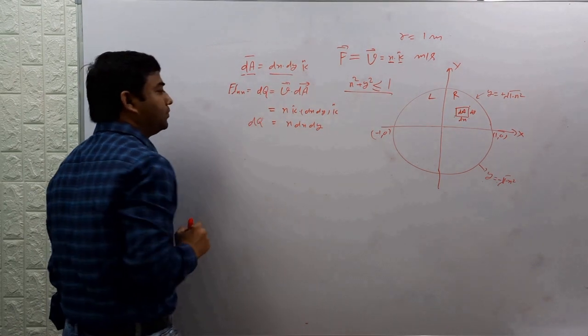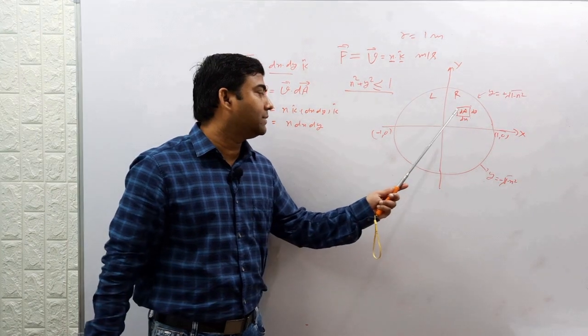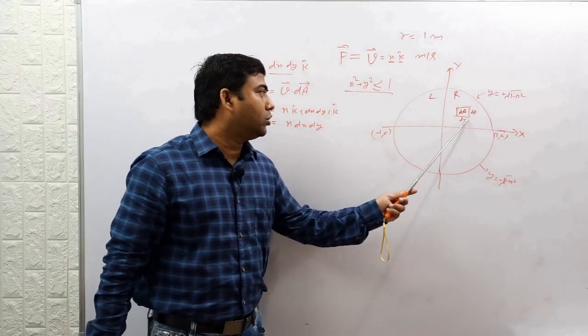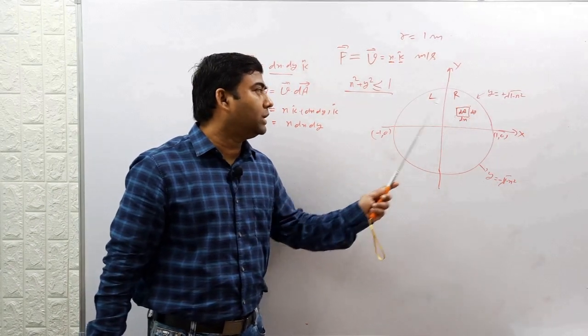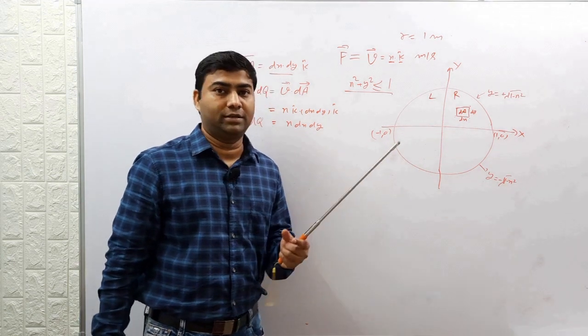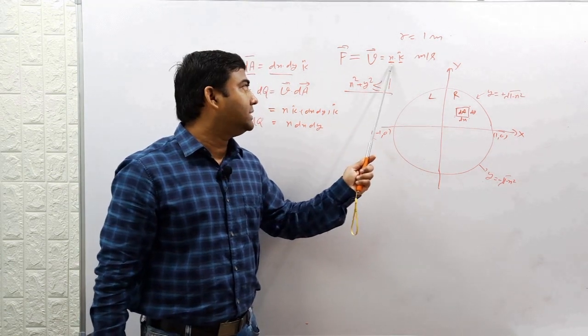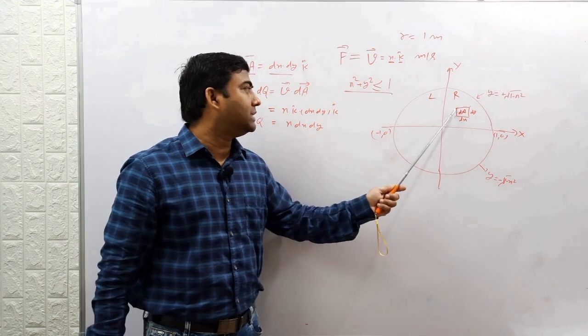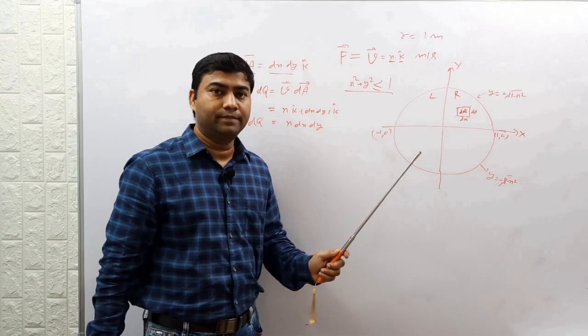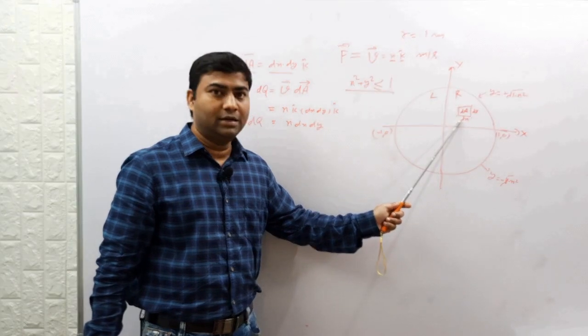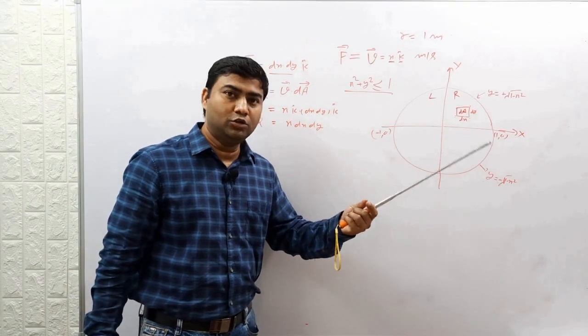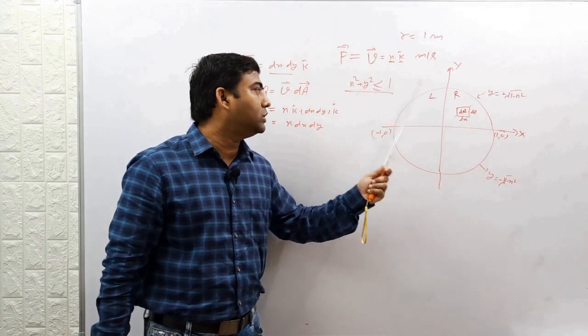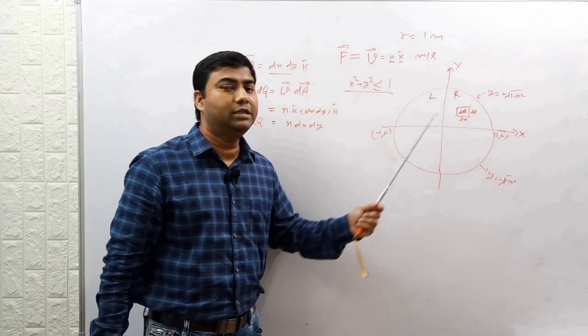This is dΦ, the flux. We have assumed that the velocity, or vector field, through this small element area is constant. Velocity is changing with every point as per this equation, but this small area is so small that we have assumed velocity is constant throughout this dA.